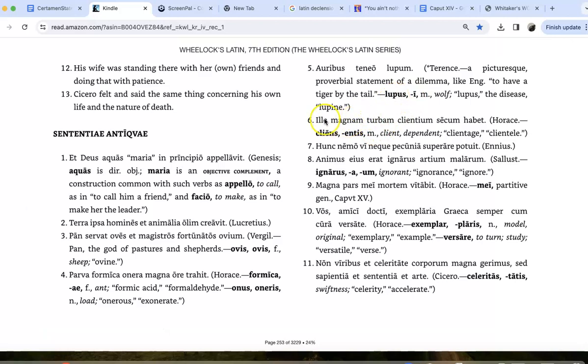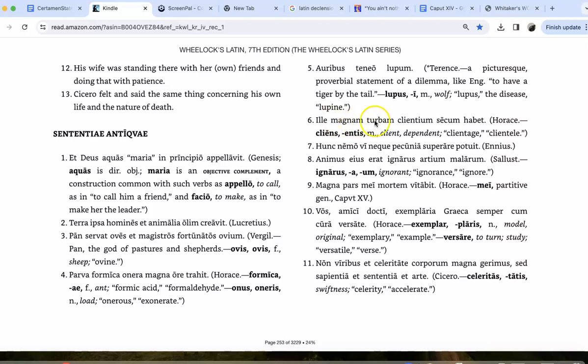All right, moving on to number 6, Ille magnam turbam clientium secum habet. Also by Horace. Here we have patrons and clients as the context. That was an important part of ancient Roman society, if not economic life as well. Ille means he, so you may still be at this stage where you need to work your way through the vocabulary, and if you do, you might have something like this.